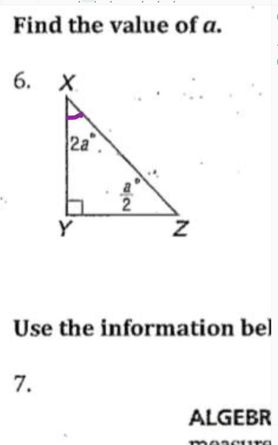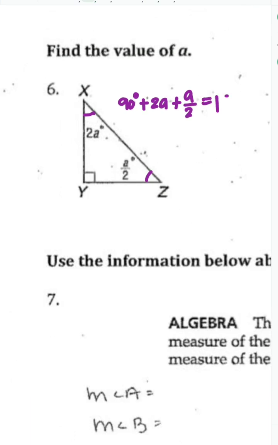This is 2A, this is A over 2. So we just add all of the angles. Yeah, the sum is 180 degrees, so that would be 90 degrees plus 2A plus A over 2 equals 180 degrees.